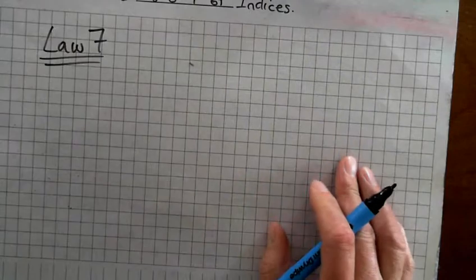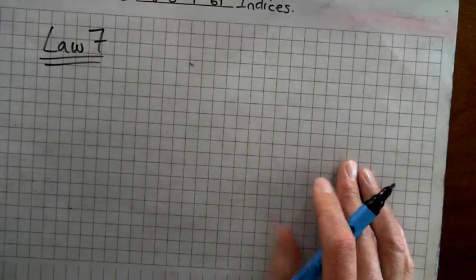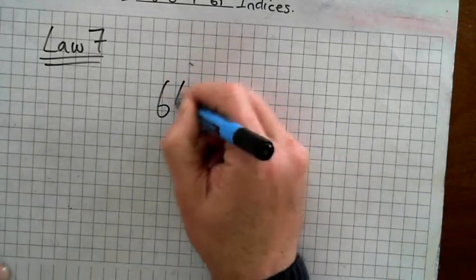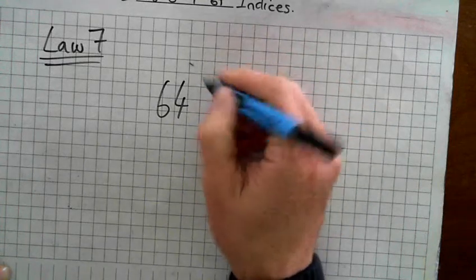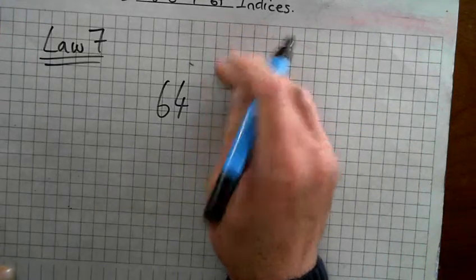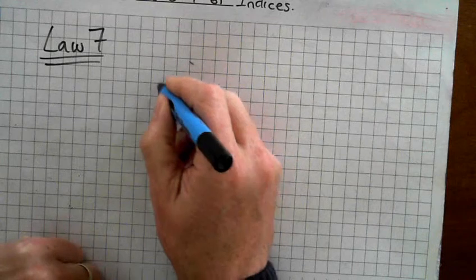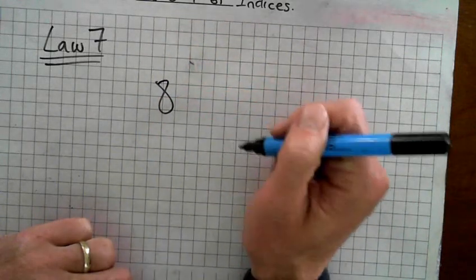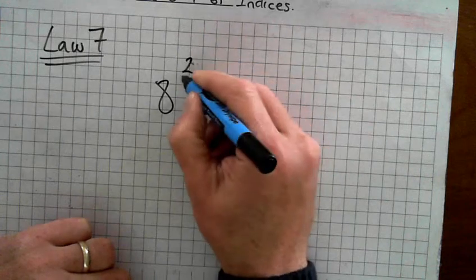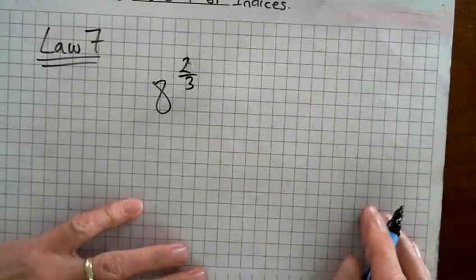Another example. I'll keep it simple for now. Now, if you watch this one, 8 to the power of 2 over 3.